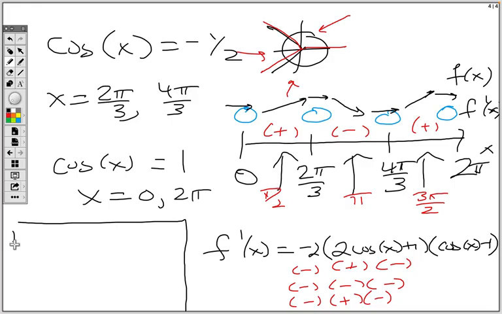So the function is increasing from 0 up to the 2 pi over 3. And then from 4 pi over 3 to 2 pi.